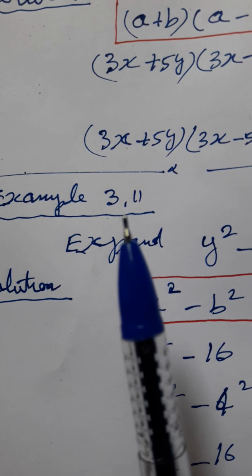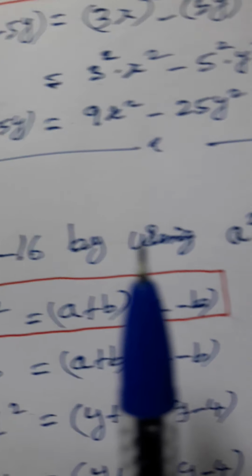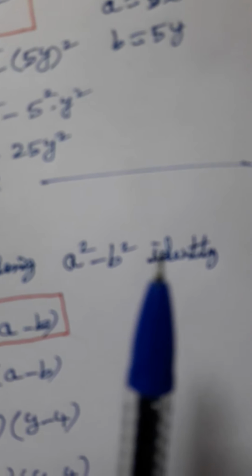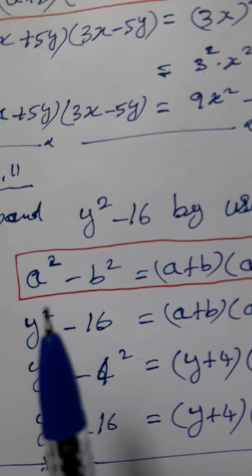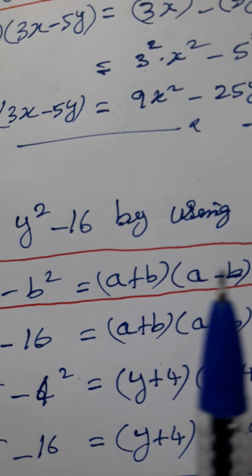Example 3.11. Expand y² − 16 by using the a² − b² identity. So here we are using the same formula, a² − b² equals (a + b)(a − b).